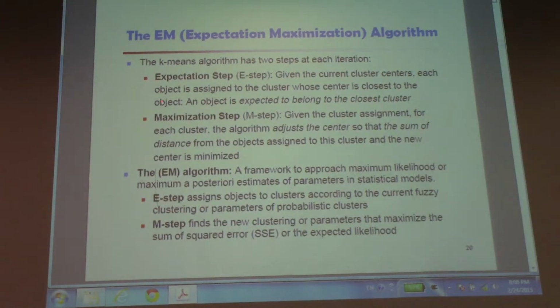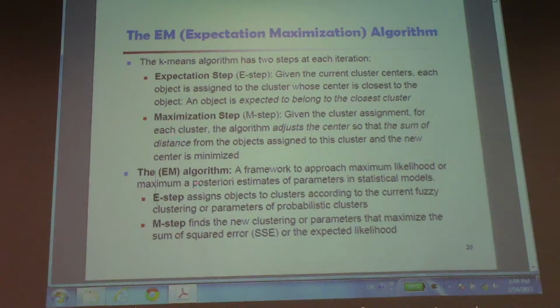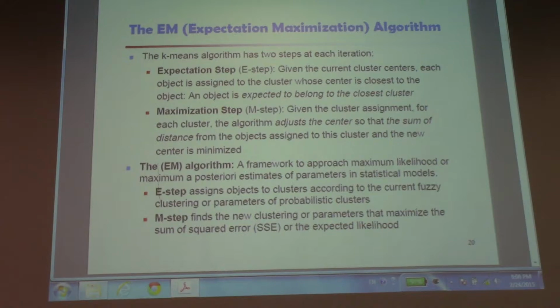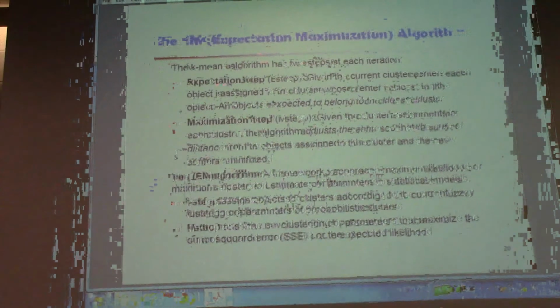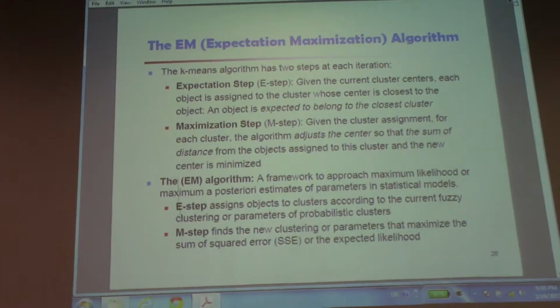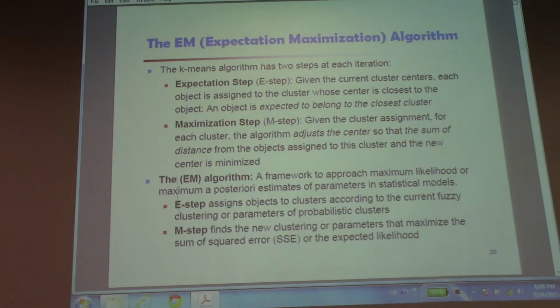Using the E step and M step, we can find the parameter values until they no longer change. So it's iterative: iteration of E step and M step. That is the reason it's called the EM clustering algorithm. The EM clustering algorithm is the same as the model-based approach. It consists of the E step and M step.